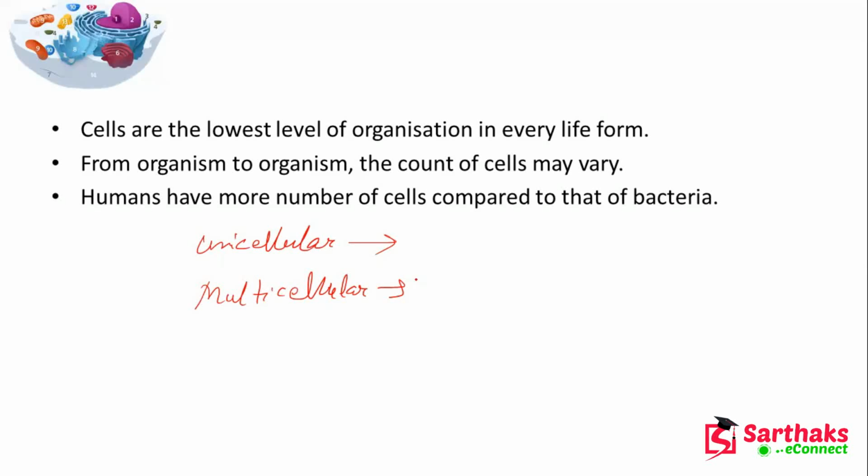So humans have more cells compared to bacteria. Microorganisms have a very small amount of cells, but the human being is the most complex. Already I have told you the human body is the most complex thing. So here the number of cells is huge, because we have to do a huge number of functions.